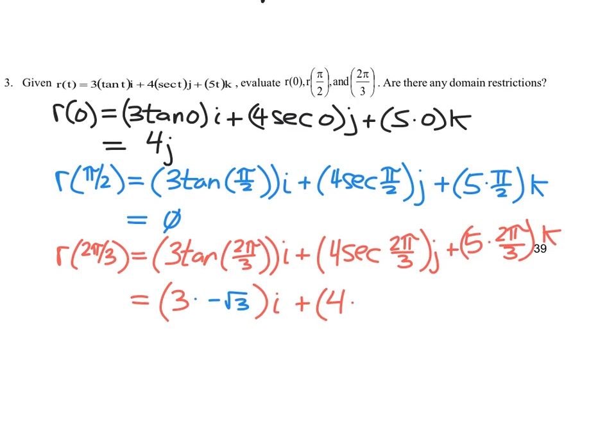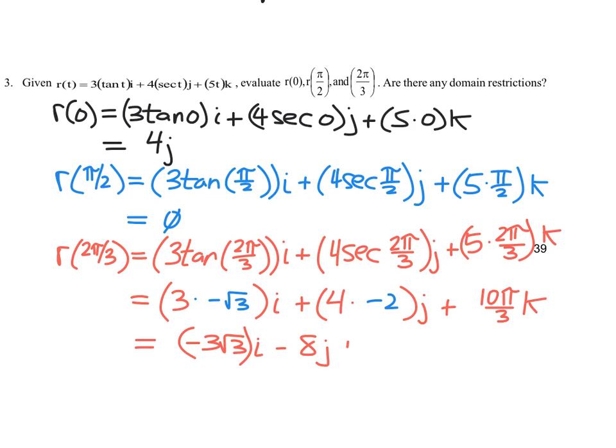Well, cosine at 2 pi over 3 is what? Hint, I just said it. Negative 1/2. So flip it, you got negative 2. Close parentheses in red. The last piece is just straight up multiplication, so 10 pi over 3 k. All right, so here it looks like it's going to exist for all values. Just got to clean it up a little bit. Negative 3 root 3 i minus 8j plus 10 pi over 3 k.